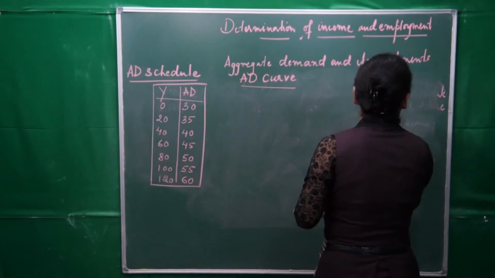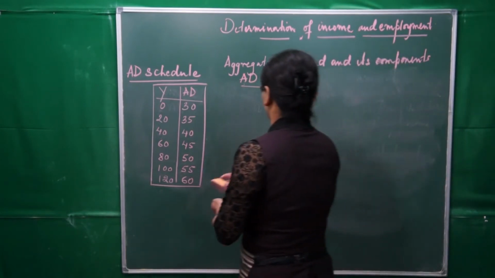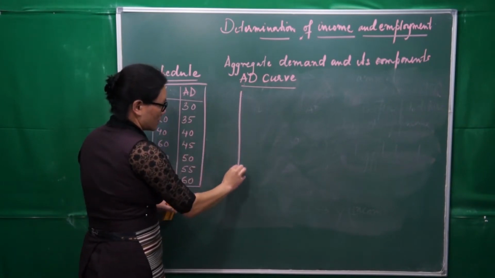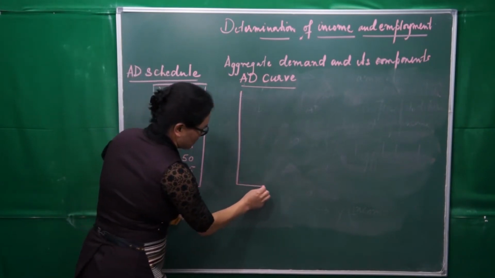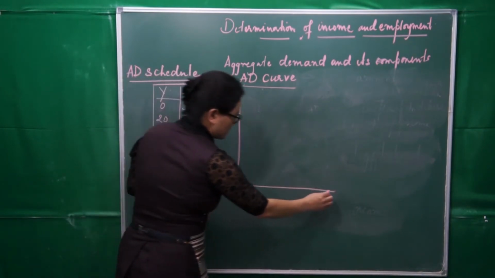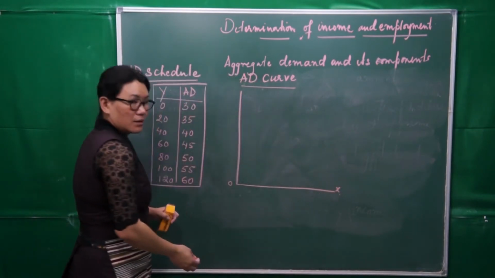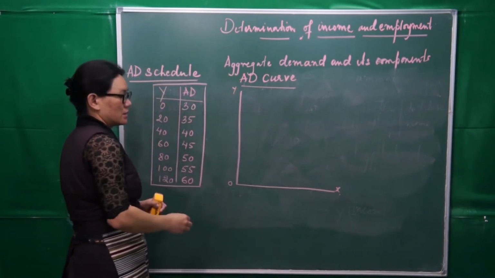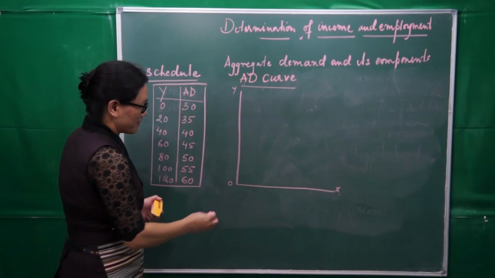So, AD curve. We have two axes, OX axis and OY axis.